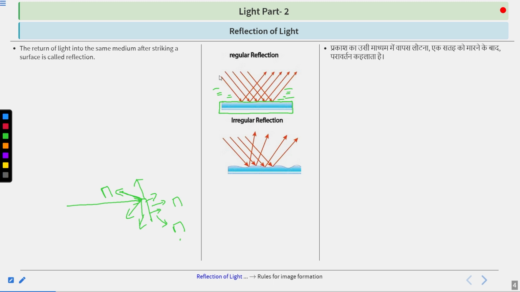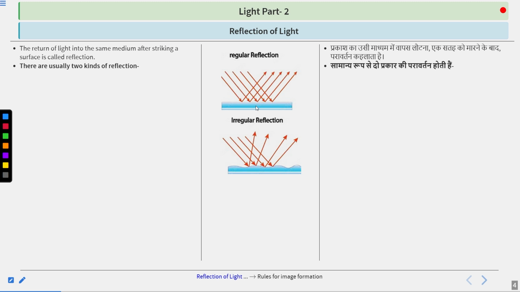So now the light came from the gaseous medium, struck the surface of the solid and then was reflected back to the gaseous medium. It is known as reflection. The light gets back to the same medium from where it was coming.